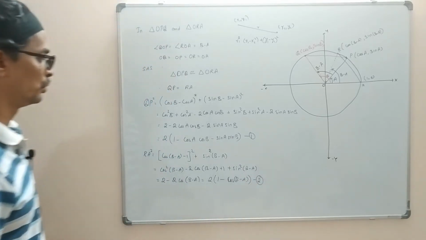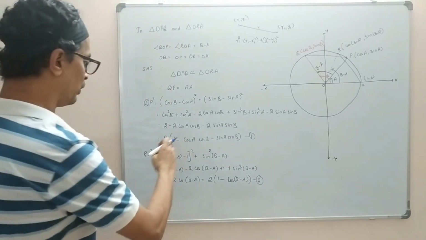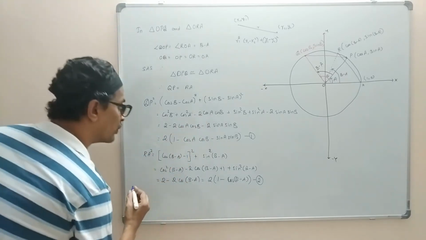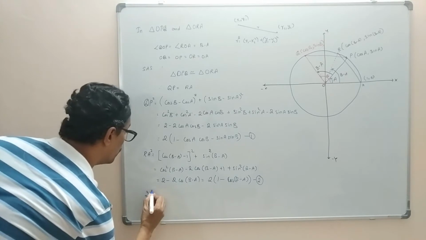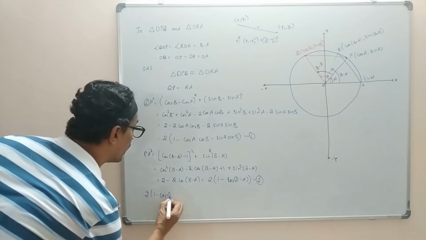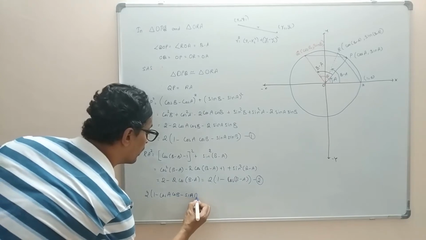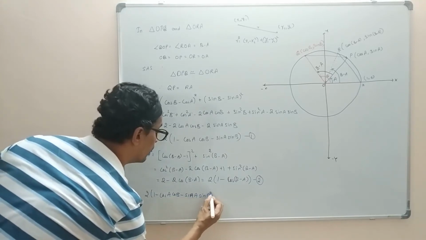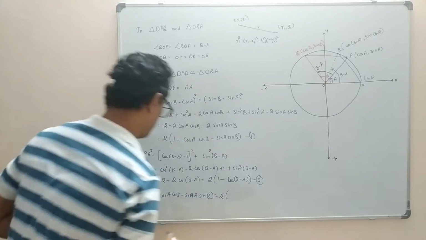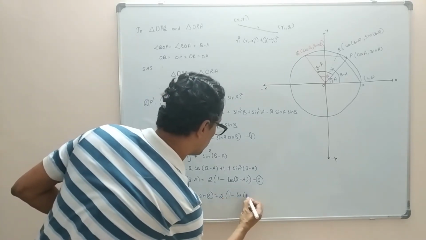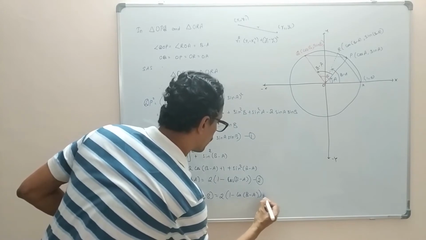So this is 1 and this is 2. Since 1 equals 2, when I equate them both, the 2 gets cancelled off. Let us write it down step by step. 1 minus cos a cos b minus sin a sin b is equal to 1 minus cos b minus a. Correct?